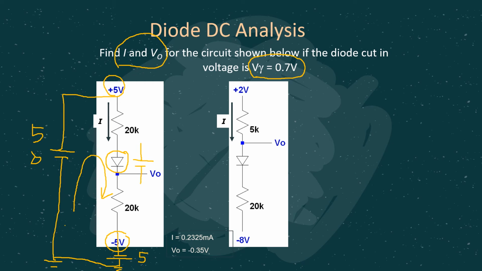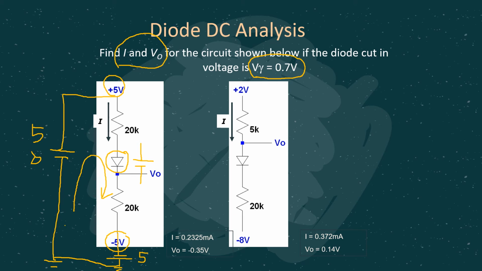So from here you can do the KVL equation accordingly, where negative 5 plus I times 20k plus V gamma plus I times 20k minus 5 equals 0. That should be the KVL equation.